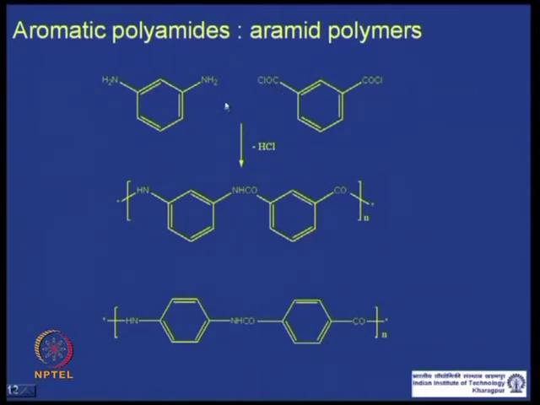So, typically in the case of aromatic polyamide synthesis, aromatic diamines are reacted with aromatic diacid chloride, and you get completely aromatic polyamides. You can use the para-substituted diamine with para-substituted diacids to form linear aromatic polyamides, and this is known as Kevlar as a trade name, and this is Nomex.